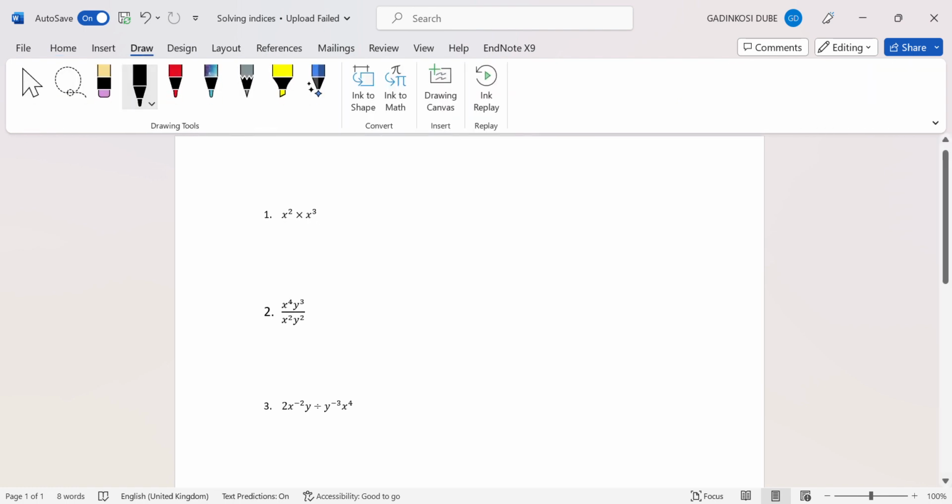In number one, you've got x squared multiplied by x cubed. I can still use the dot, it signifies multiplication.